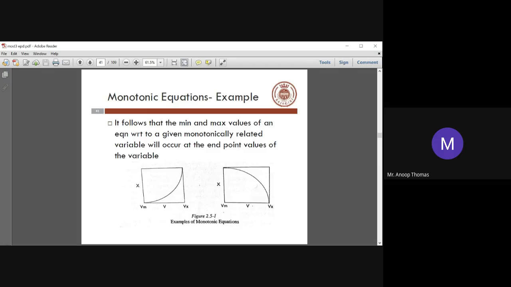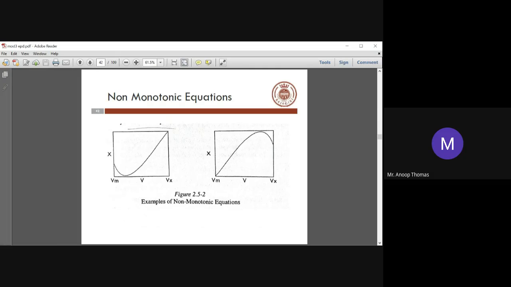So this is monotonic. This is non-monotonic. As you can see, x is the value that we are trying to identify. Vm is the variable that we are considering. When the variable is varied from the minimum value Vm to the maximum value Vh, there is a dip.